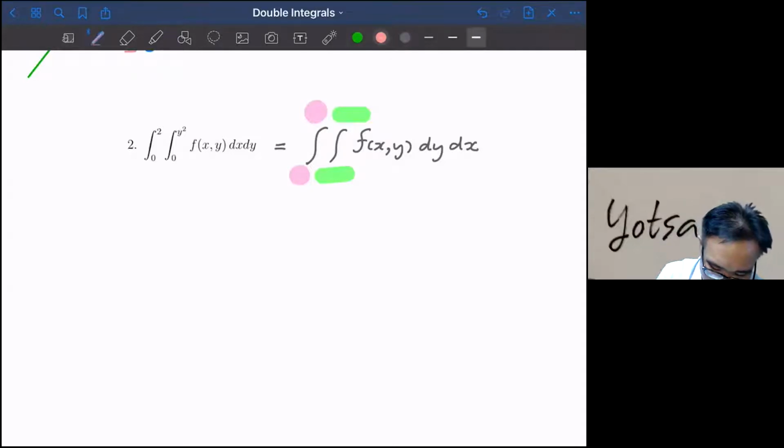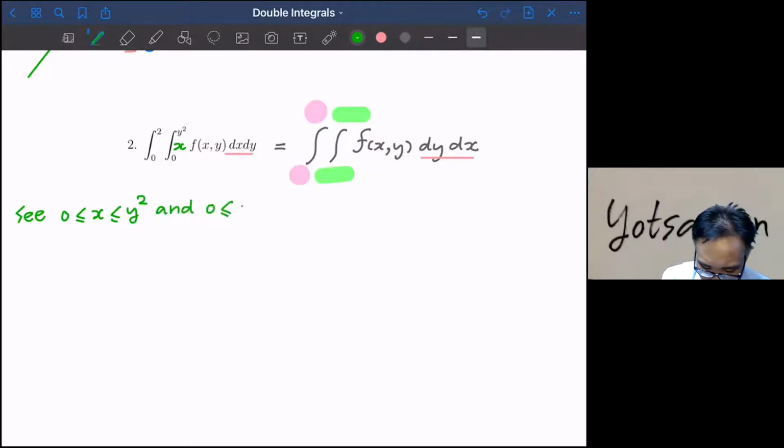The thing that you must see is that this is dx dy, and this is dy dx. You see x between 0 and y squared, and y between 0 and 2.